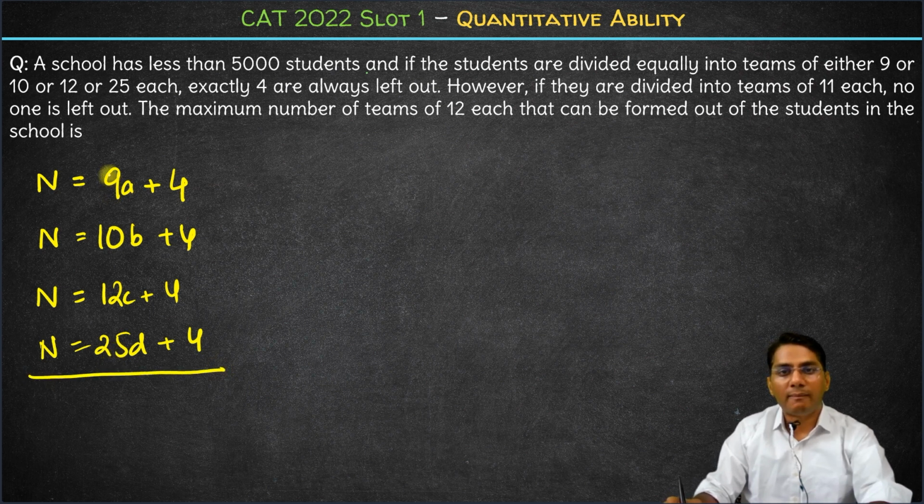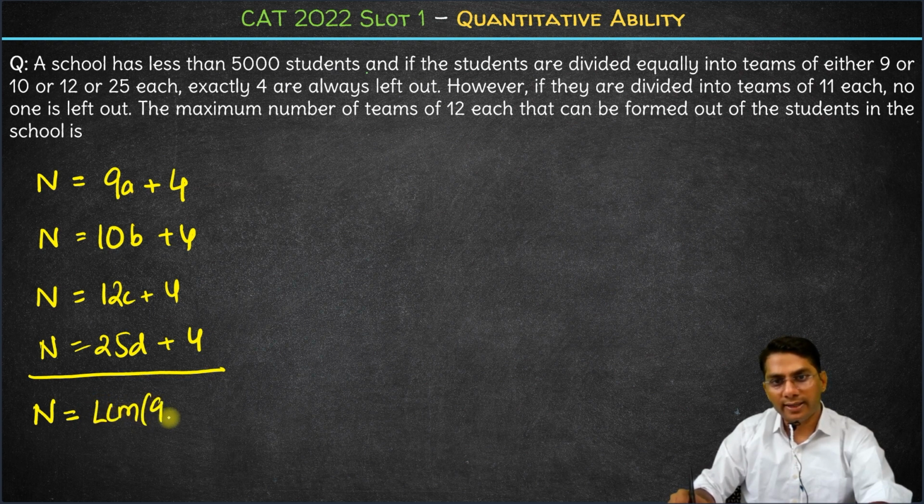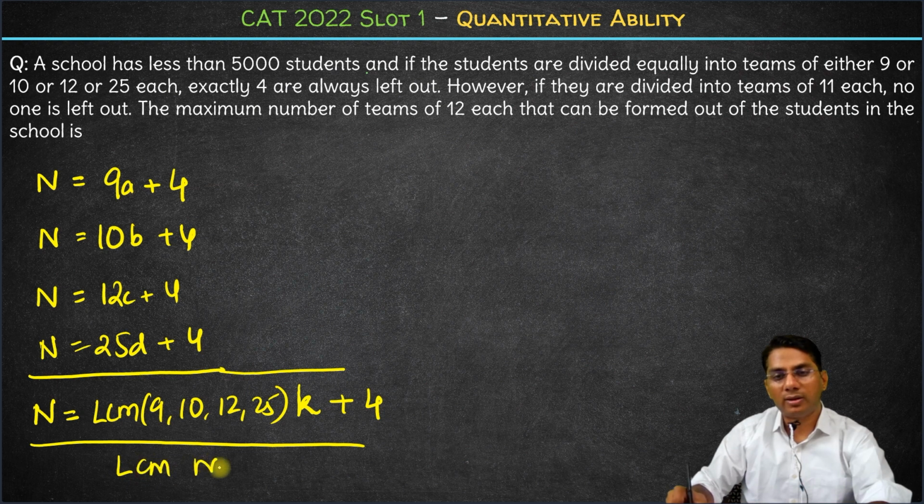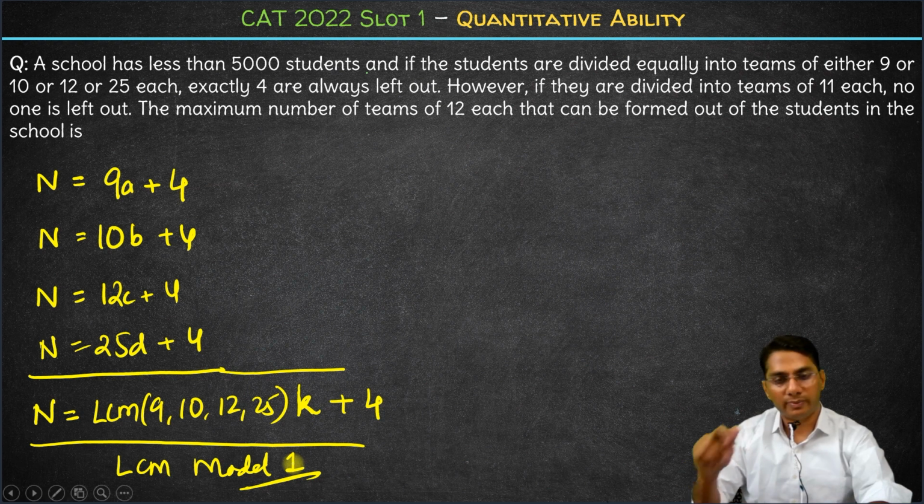Now, since by dividing with all these 4 divisors the remainder is the same, hence we know n would be basically of the form LCM of the 4 divisors 9, 10, 12, 25 into some factor k, plus 4. n will be of this form. We know this from LCM model or method 1. Please go ahead and look at the theory part for this.